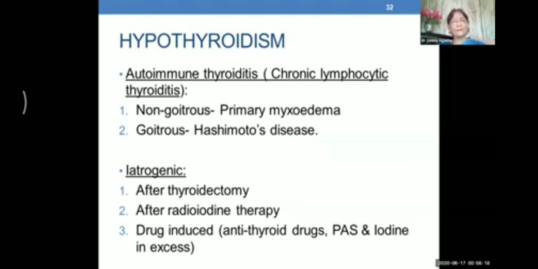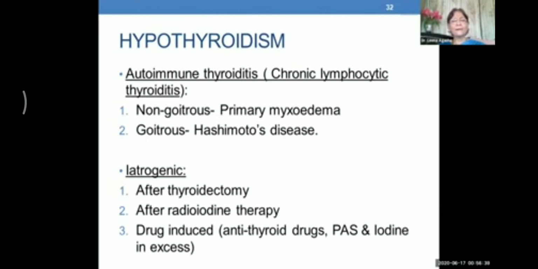Then iatrogenic. After thyroidectomy, if the maximum thyroid tissue is excised, leaving behind inadequate tissue to secrete the thyroid hormones which are needed by the body, it can result in iatrogenic hypothyroidism.